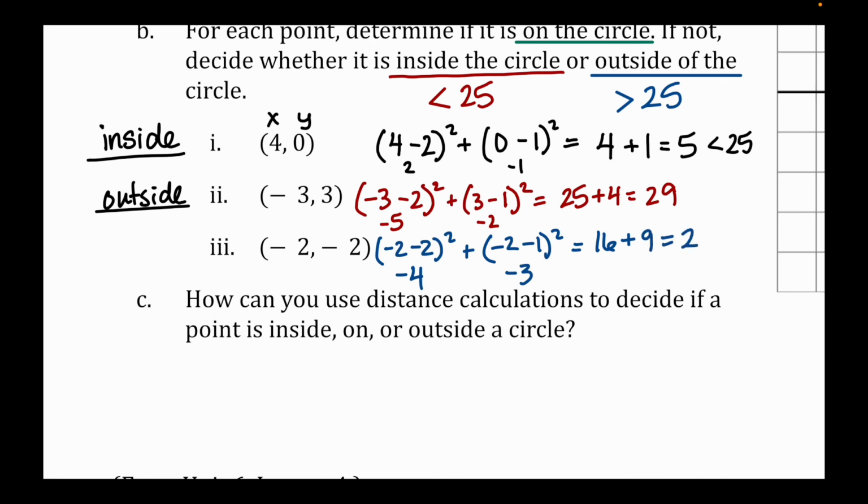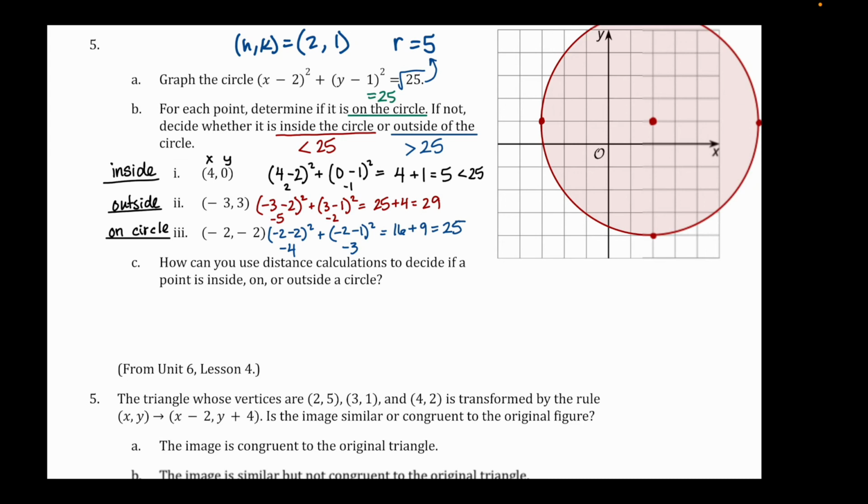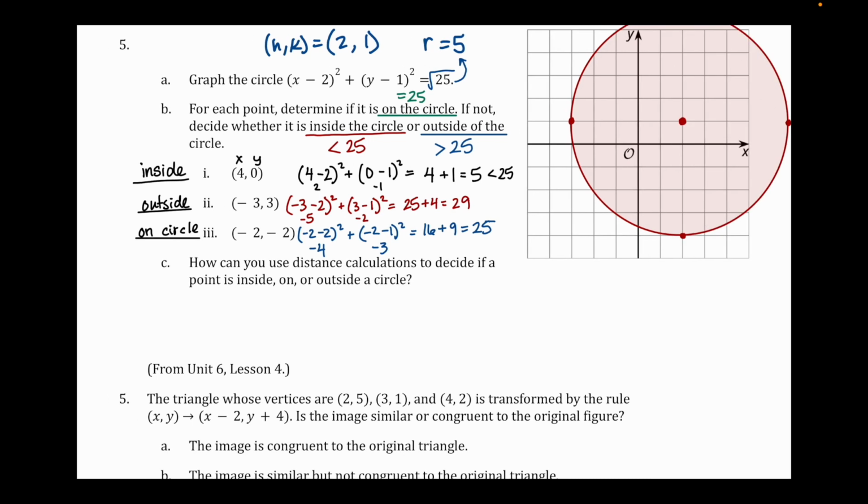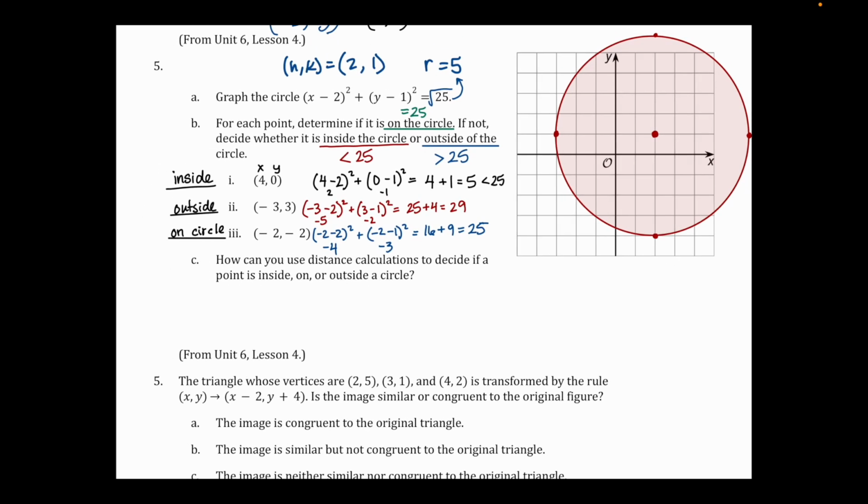That's equal to 25, so this is going to be on circle. It looks like a D just because I'm writing it a little close together. On circle. It's a C E, not a D. So there we go. We have those 3 pieces, outside, inside, and on circle. I know my colors didn't line up with the way I labeled in the top equation, but you guys can manage.